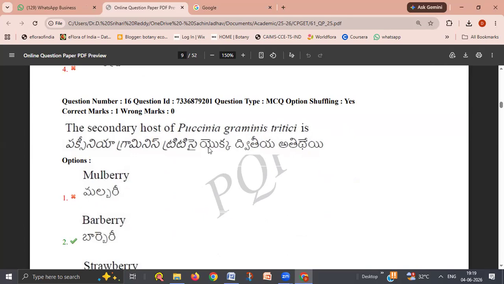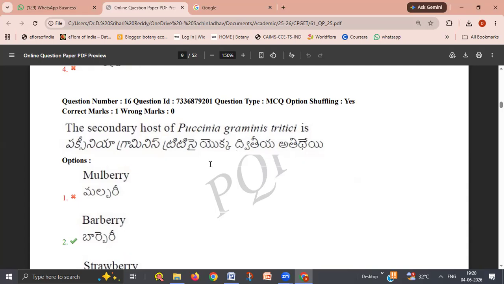It also causes smut disease in other Poaceae members. So these are the different kinds of disease caused by Puccinia. And Puccinia graminis tritici causes rust disease in wheat.